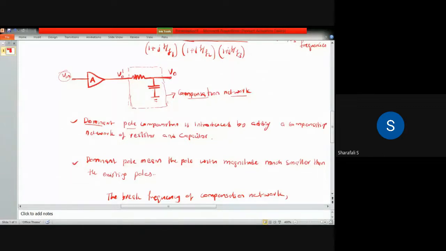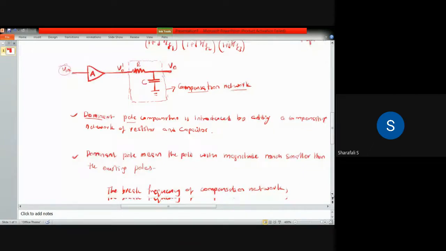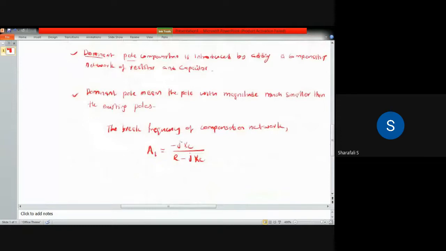We have to consider the potential, so that will be given by this resistance R. If you consider the reactance of the capacitor as minus jXc, then with the potential divider method, V out equals minus jXc by (R minus jXc) multiplied with whatever input is coming to that branch.